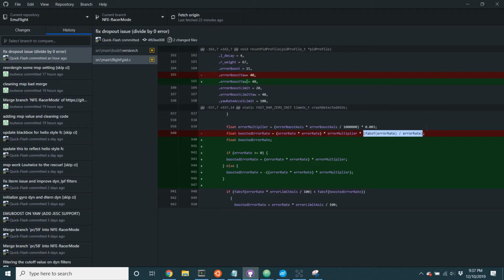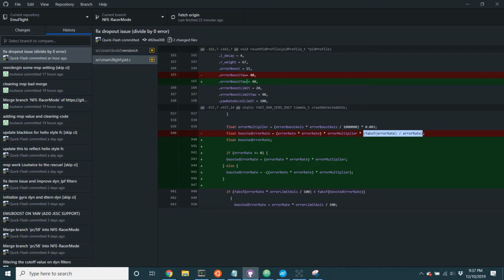So you could have it on pitch and roll and yaw would be tuned separately. When I did that, I added a little bit of code so that it would know if you're on the yaw axis or not, and which tune to give to your EmuBoost or SPA.